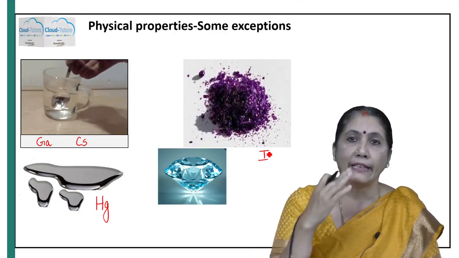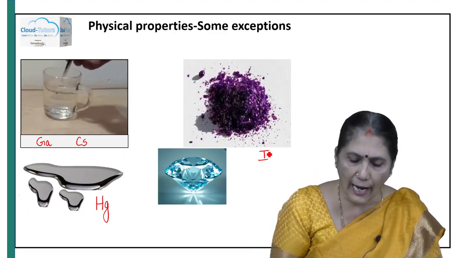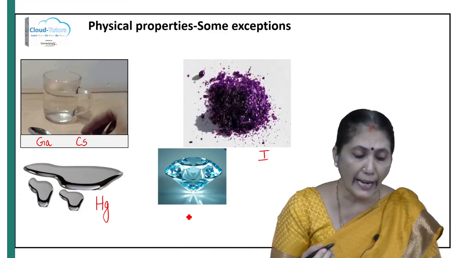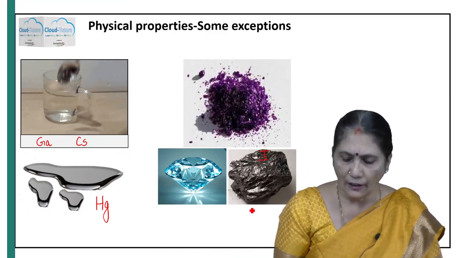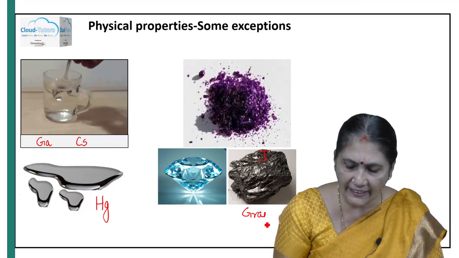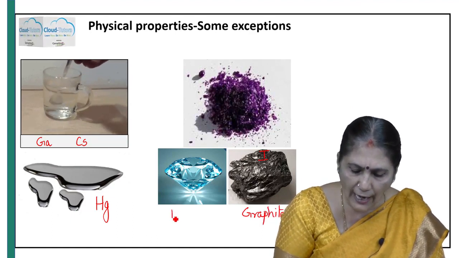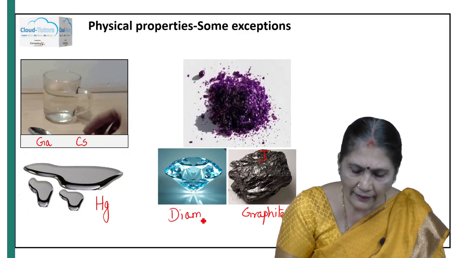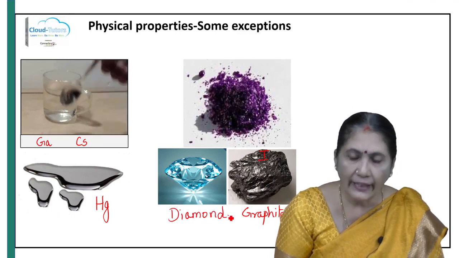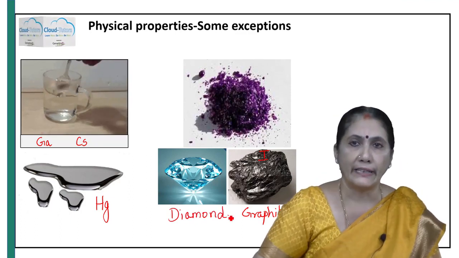You have the allotropic forms of carbon, which are diamond and graphite. They are all allotropic forms of carbon, and they have exceptional properties.